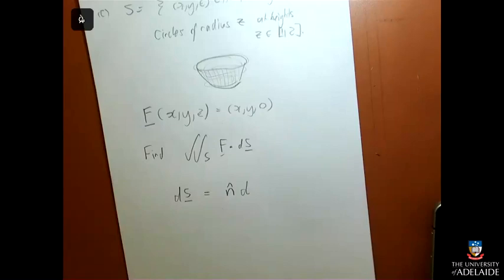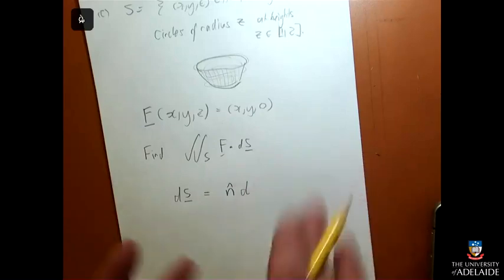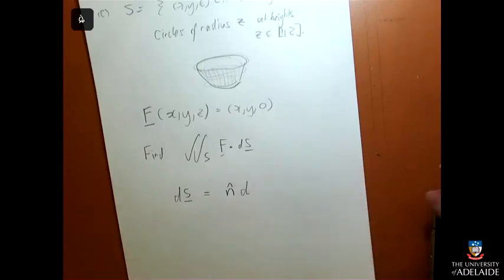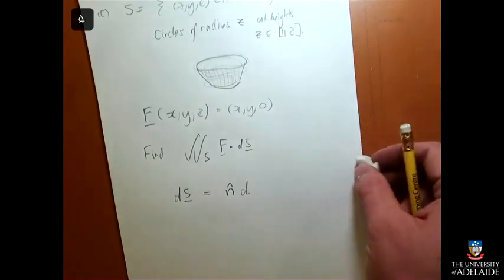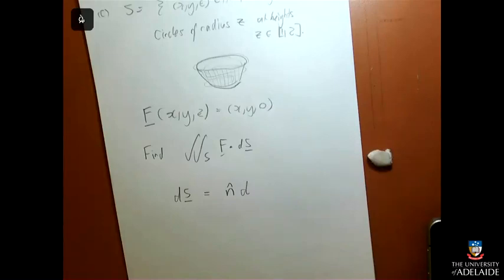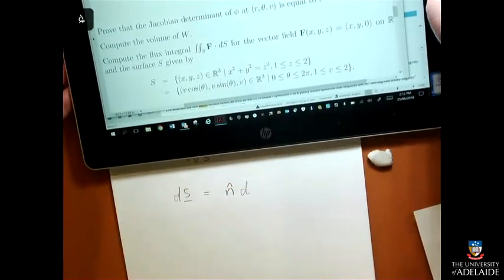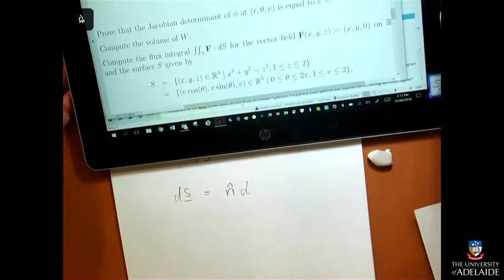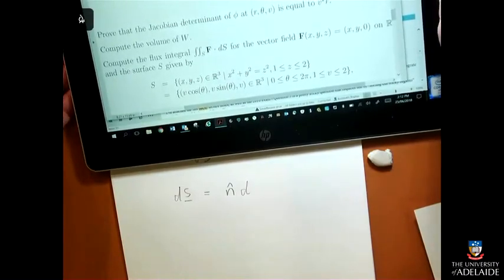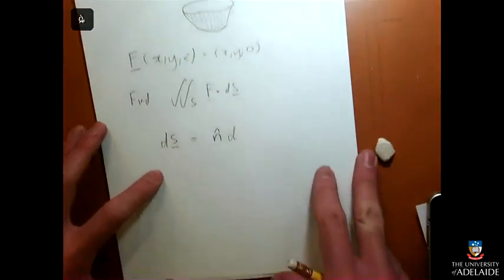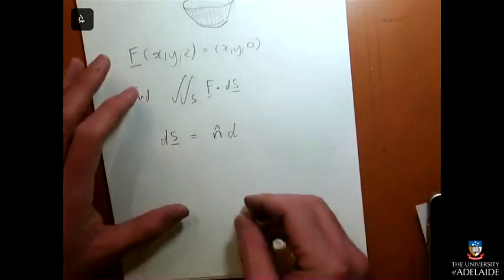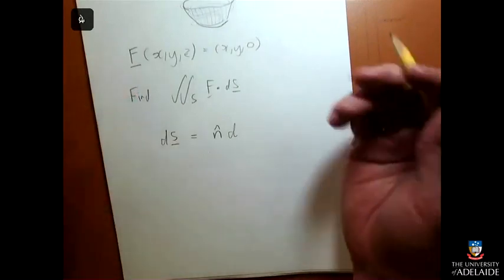Whatever the parameterization is. So in our parameterization, what did they say the parameterization was? v cos theta, v sine theta, v. Yep, that'll do it. We don't need the r, which was telling me what percentage of the radius I'm going, because I'm always at 100% because I'm right on the edge. Okay, I should write that down somewhere.